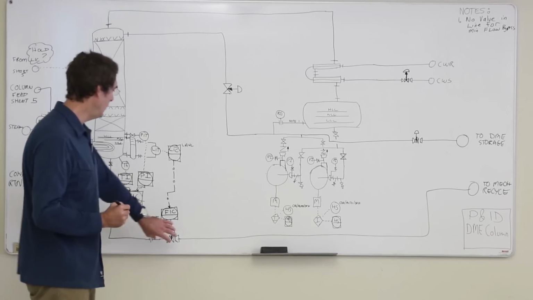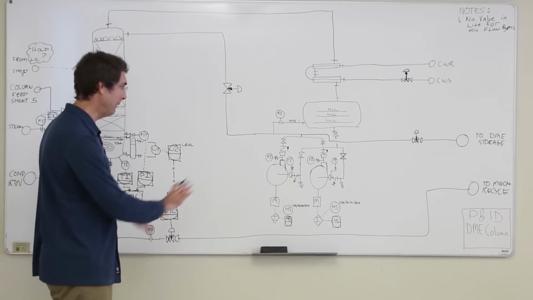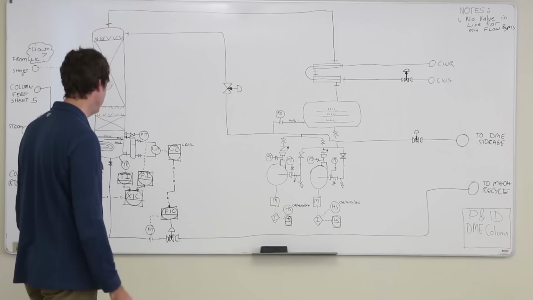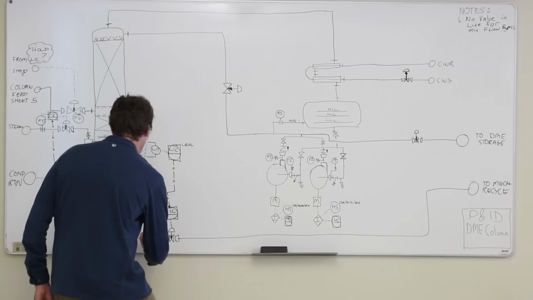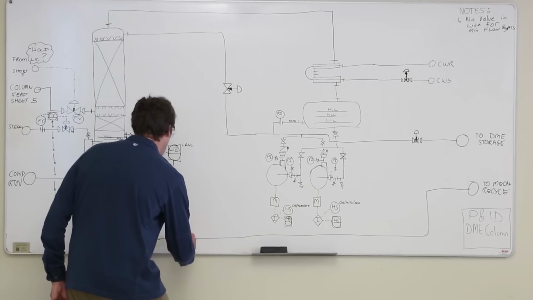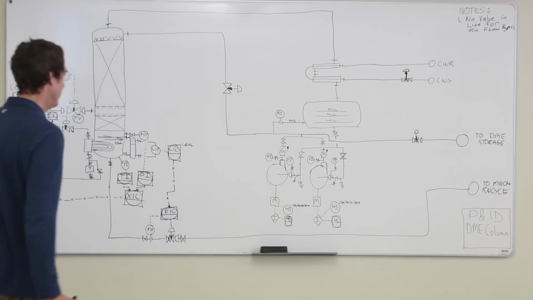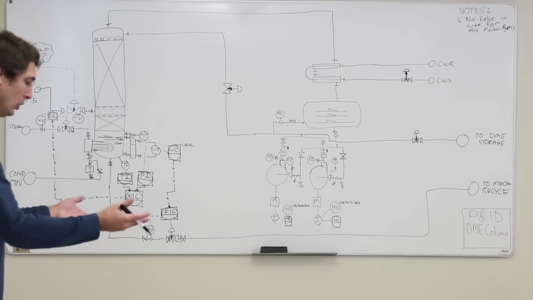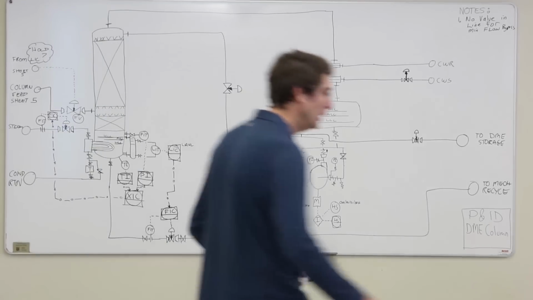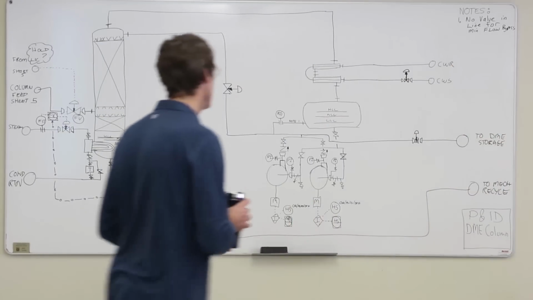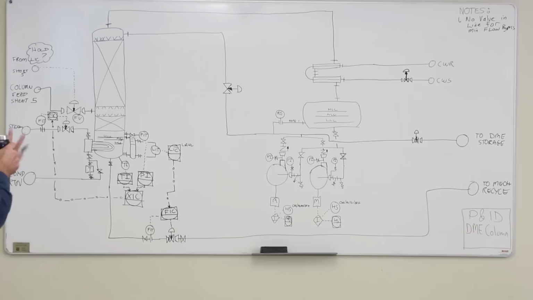If you ever want to be able to pull the control valve out and not have to decontaminate the system, then some people will put manual valves around the control valve. You can close the valve, crack a flange, pull the control valve out, and do repair on it. Our process, again, is kind of small, so we might not really need that kind of stuff, but I'll just show it there for example.